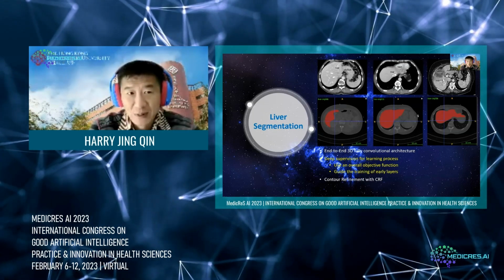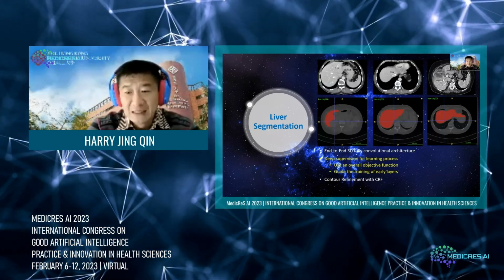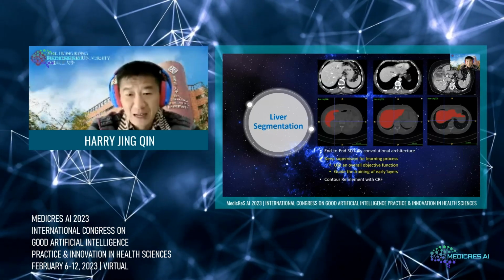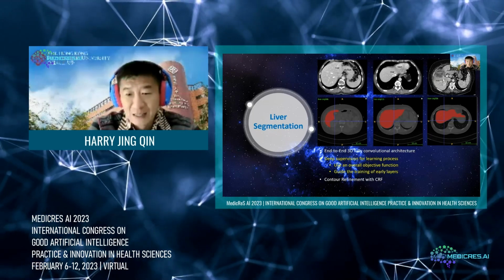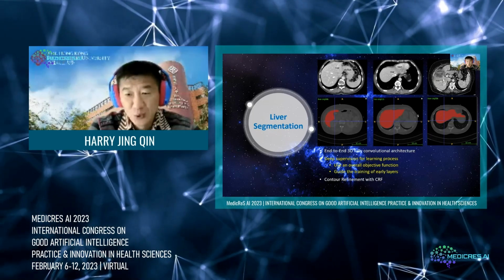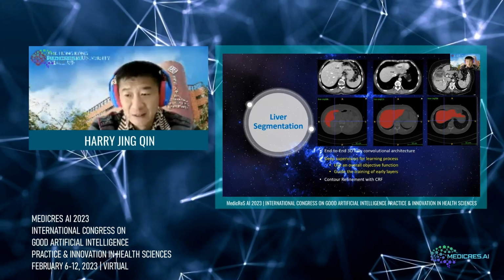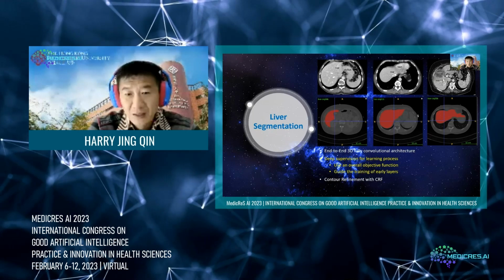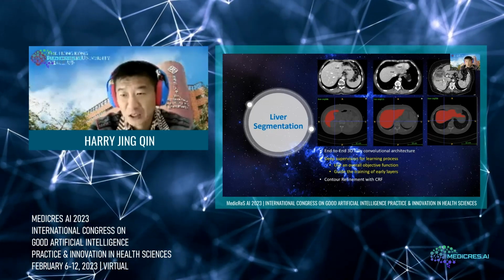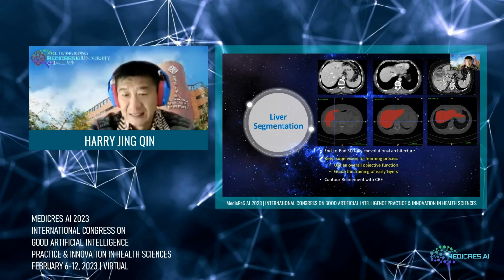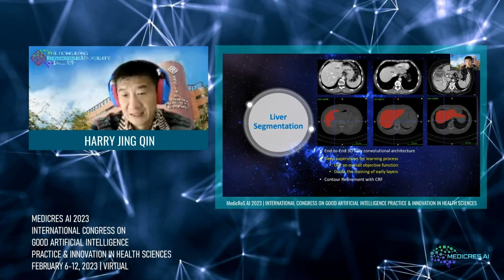In current clinical practice, the manual annotation is usually tedious, time-consuming, and error-prone. So automatic liver segmentation methods are basic tools for computer-aided diagnosis of liver disease. They can be used to automatically determine the region of interest for doctors as well as exactly delineate the boundaries of liver for surgical planning.